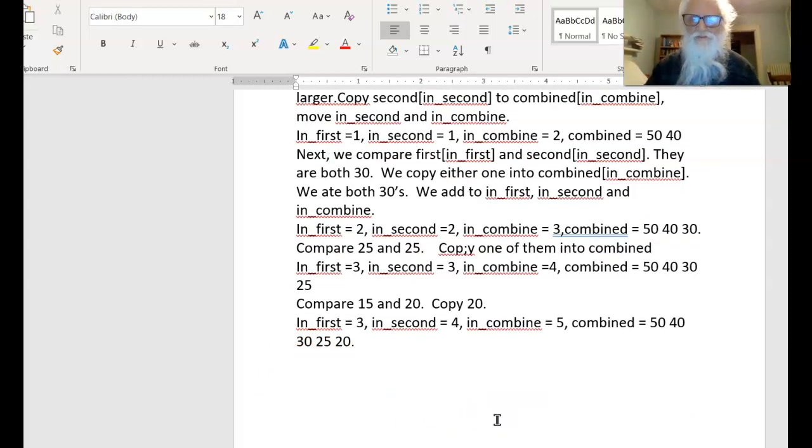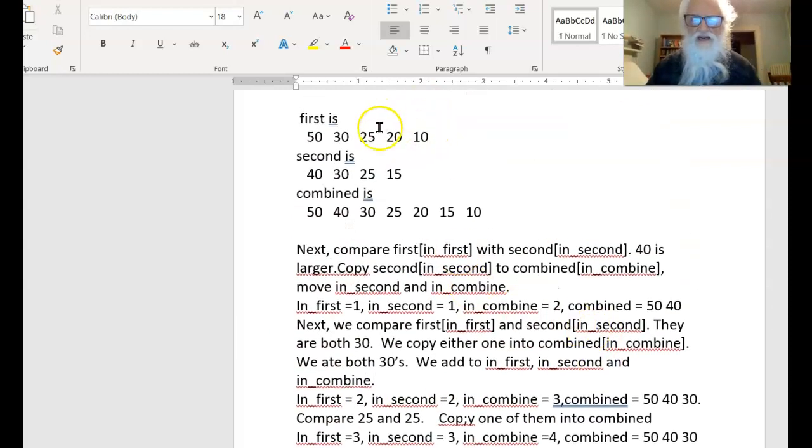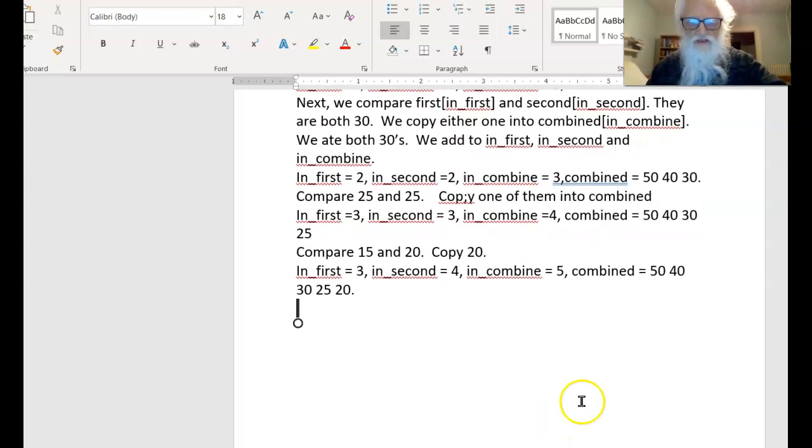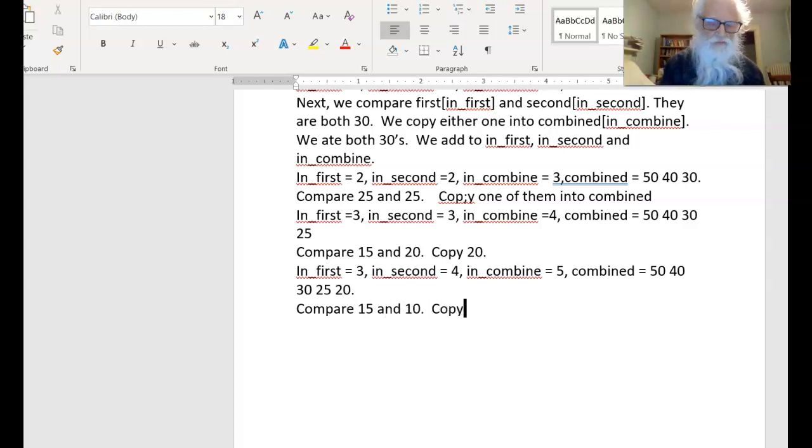Get rid of that. Now, I compared 15 and 20, and I moved 20 in. Now I compare, I was right. I compare 15 and 10. I copy the 15. Now I got to be careful. In first is not the one I moved.